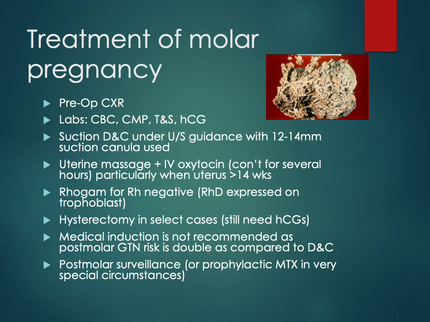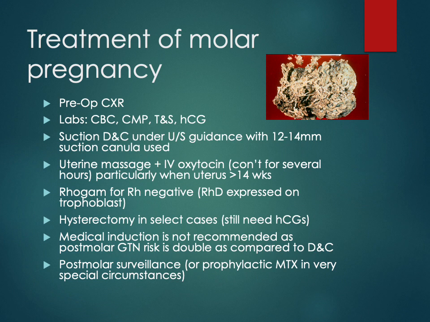And then how do we treat a molar pregnancy? Well, it's important to get a pre-op chest x-ray, and we'll talk about why that is. Labs, including a pre-op or pre-treatment HCG. Suction D&C really is the standard under ultrasound guidance, and then you use a large suction cannula.